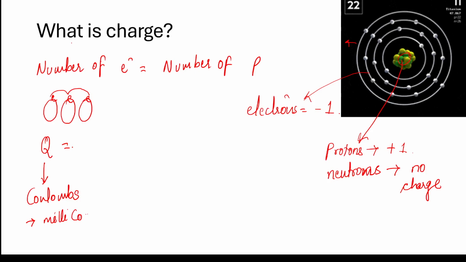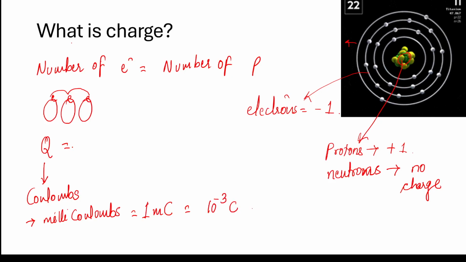Whenever you have the word milli attached, which in short form is written as small m and capital C, 1 millicoulomb, always divide by 1000. So this is 10 to the power -3 coulombs, or just 0.001 coulombs. So Q is the symbol for charge, and it is measured in coulombs.